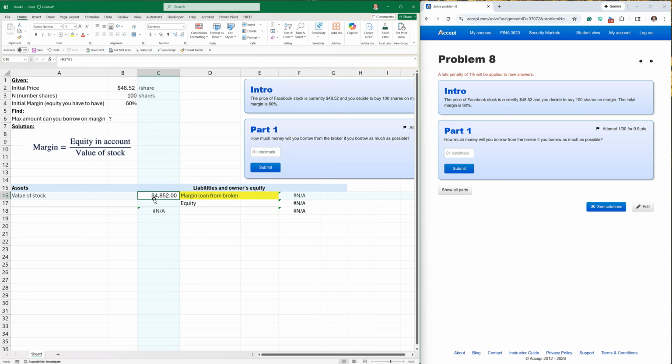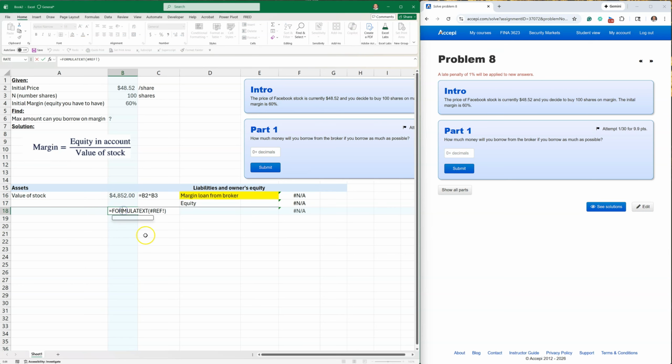Let me put the formula in here so you can see it. It makes sense: you're buying 100 shares at 48.52 a share. That's how much stock you want to buy. And you can see by this equation that your equity is equal to the value of your stock times the margin.